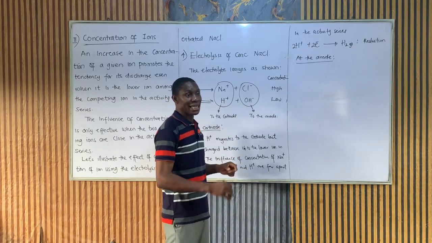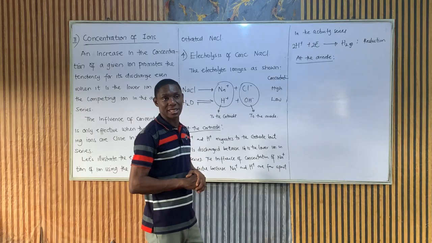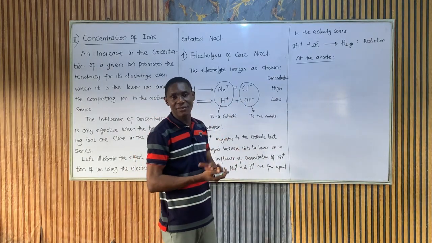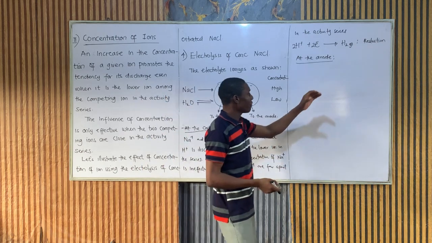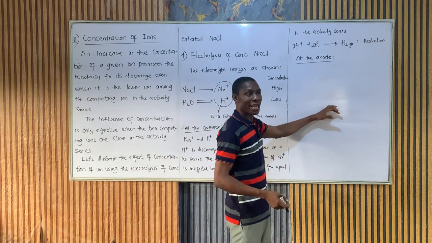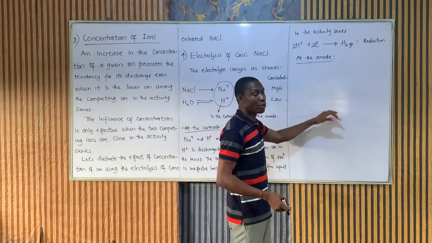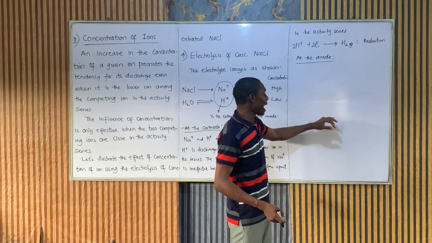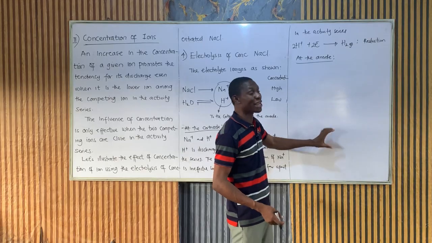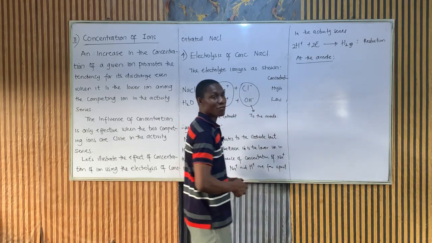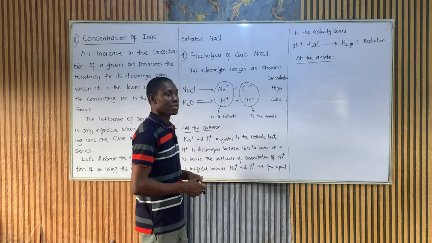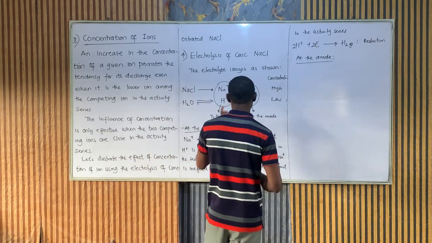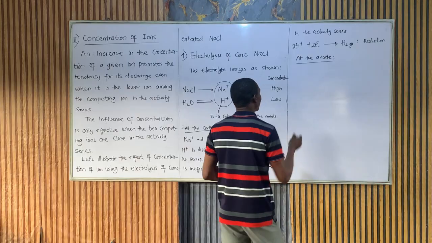OH is not discharged even though it is the lower ion in the activity series, because chloride and OH are relatively close in the activity series. You know, we have fluorine, SO4 2 minus, NO3 minus, then chlorine, bromine, iodine, and OH. So OH and chlorine are relatively close, just 2 ions apart, and because of that, OH is not discharged. So the influence of concentration of chloride here is effective.